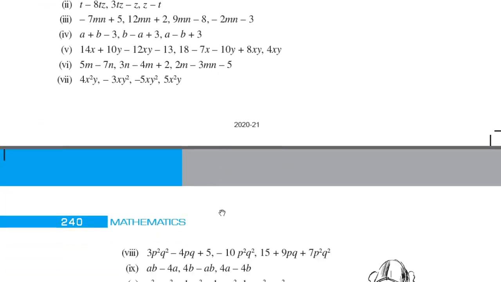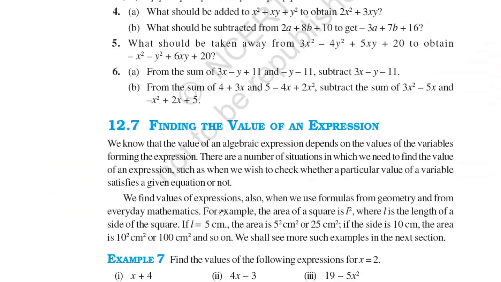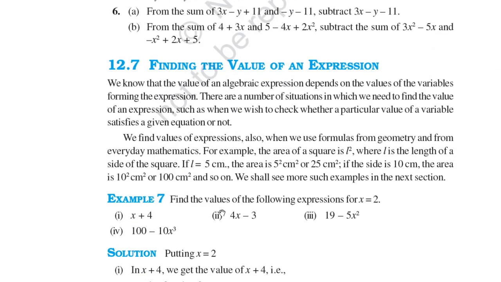Now 12.7, finding the value of an expression. We know that the value of an algebraic expression depends on the value of the variables forming the expression. There are a number of situations in which we need to find the value of an expression, such as when we wish to check whether a particular value of a variable satisfies a given equation or not.